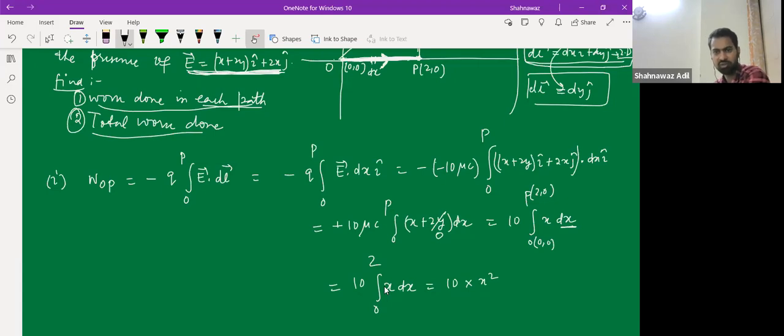Aisha, what is the integral of x? Can you please recall what the integral of x is? Rabia, integral of x.